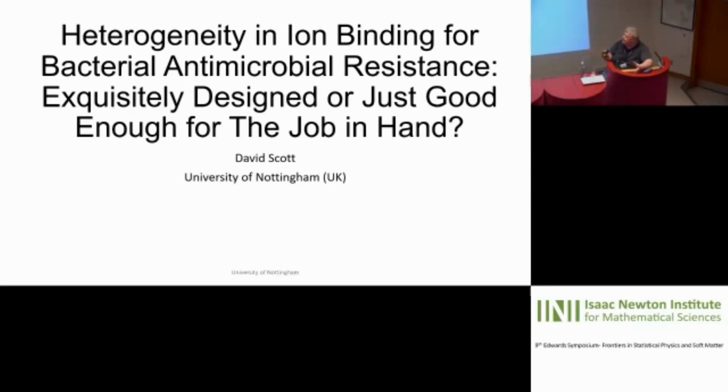So this is trying to bring together some rather disparate bits of project area, which has been going on for about 20 years, into one cohesive whole. And the problem we're looking at is ion binding, which seems a bit esoteric, but as I'll go towards the end, you'll find out that it has a very practical, clinical application.